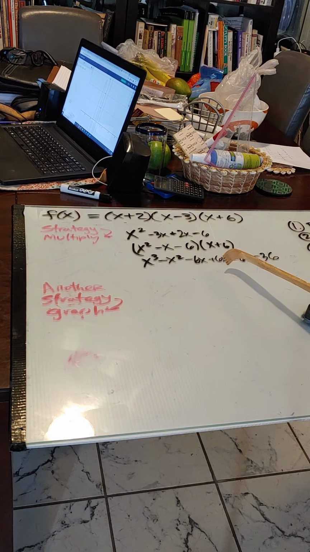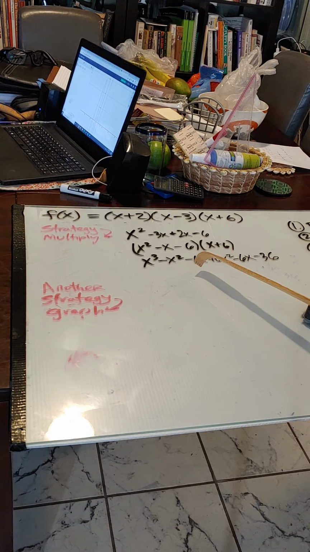We have an x squared term here, an x squared term here, we're going to combine those, and we have 2 x terms that we can combine.